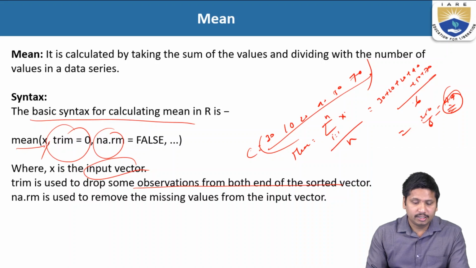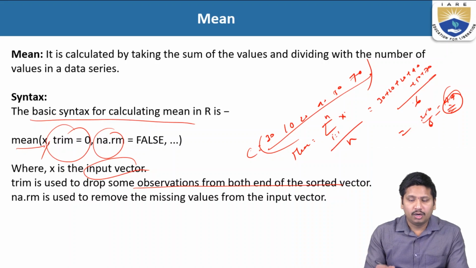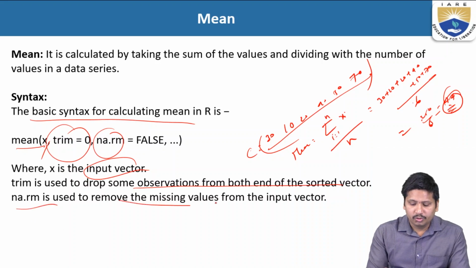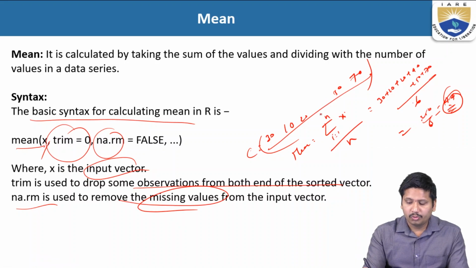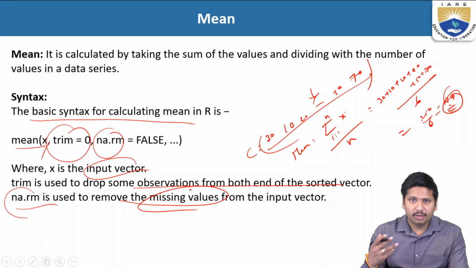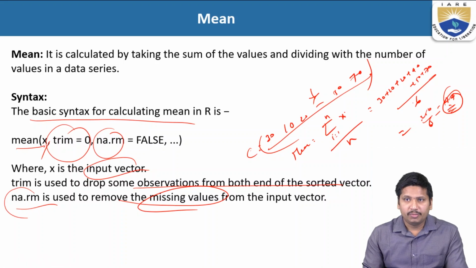And na.rm is used to remove the missing values from the input vector. Suppose some data is missing; then I normally wouldn't get the result, but by making use of the na.rm argument I can remove the missing values from the input vector.